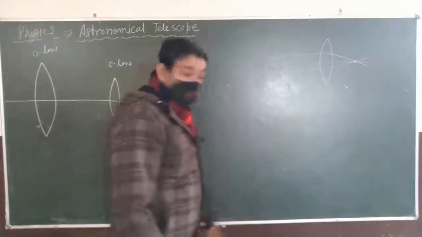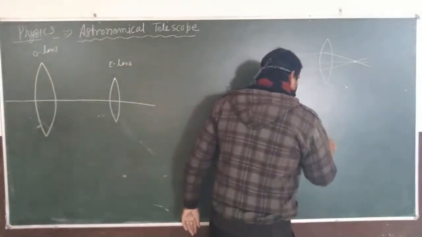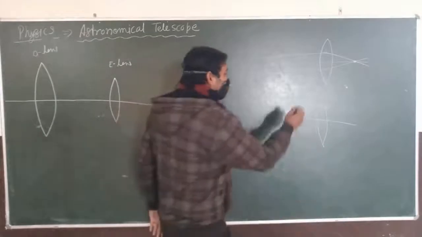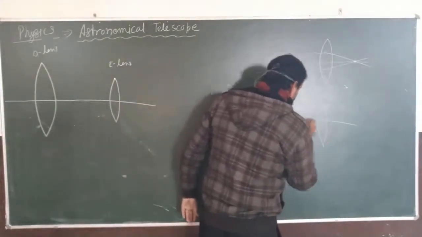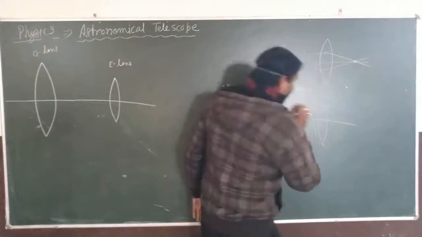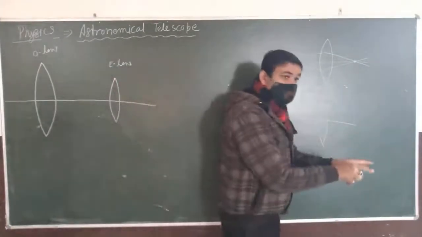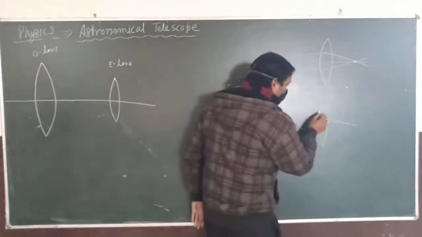But if two or more rays are not traveling parallel to the principal axis but parallel to each other, like this, then what is the rule for it? The answer is they converge at a point on the focal plane.